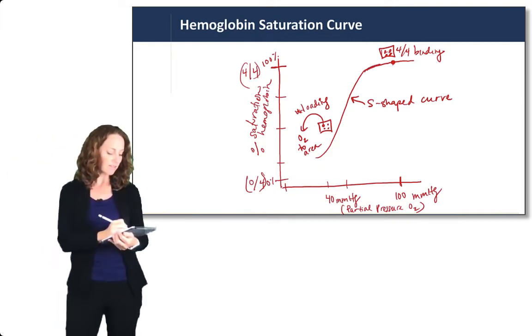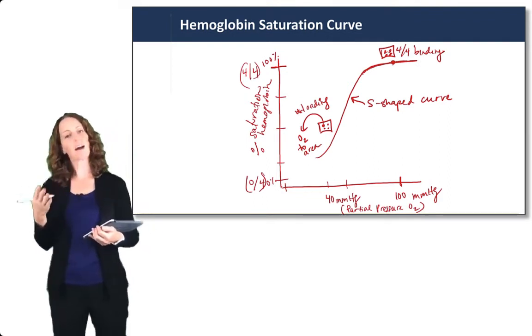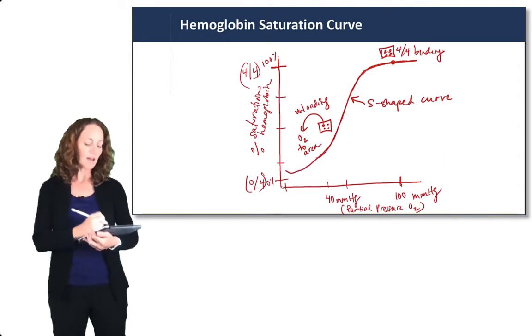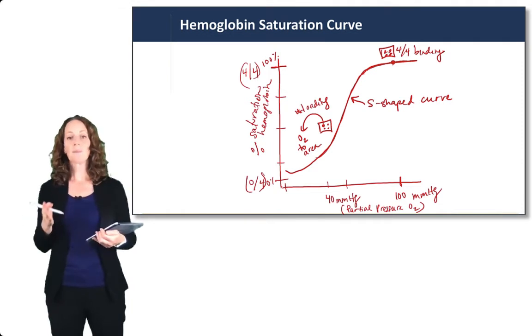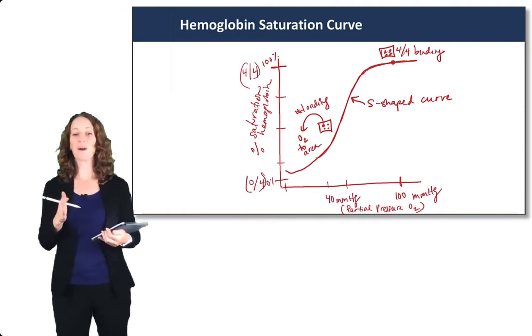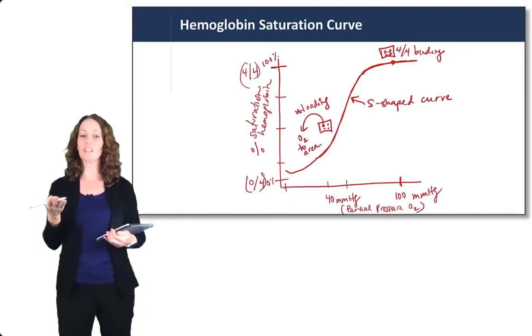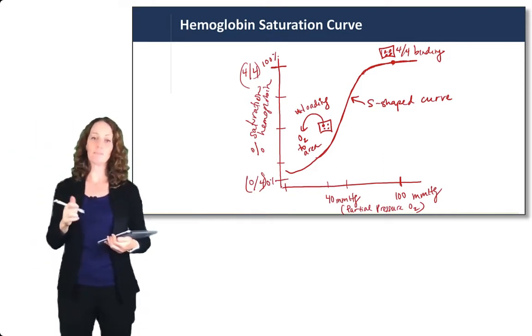It's fairly flat at the top, so we have fairly stable saturation at high oxygen levels, and then it drops off so that we have unloading in oxygen-poor environments. Pause for a second to try to draw this yourself and picture the hemoglobin saturation changes as we bind and unload oxygen.